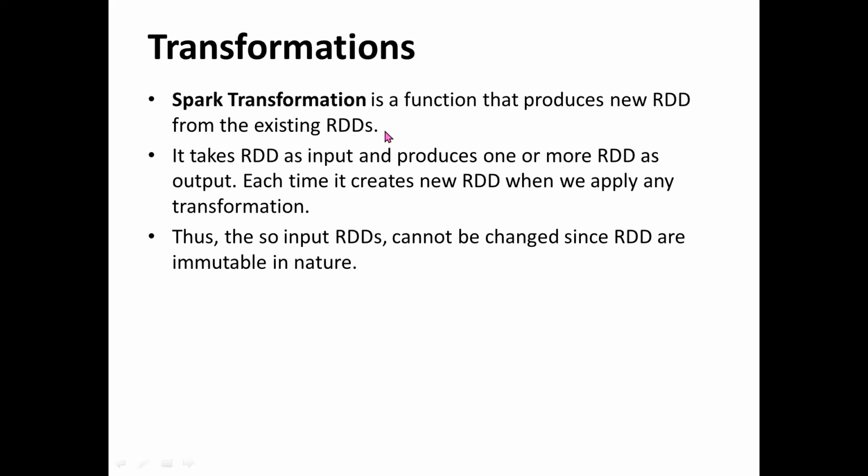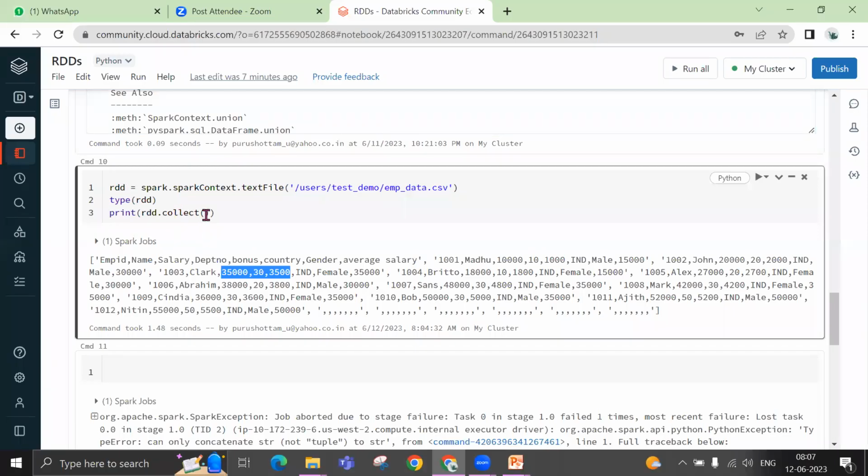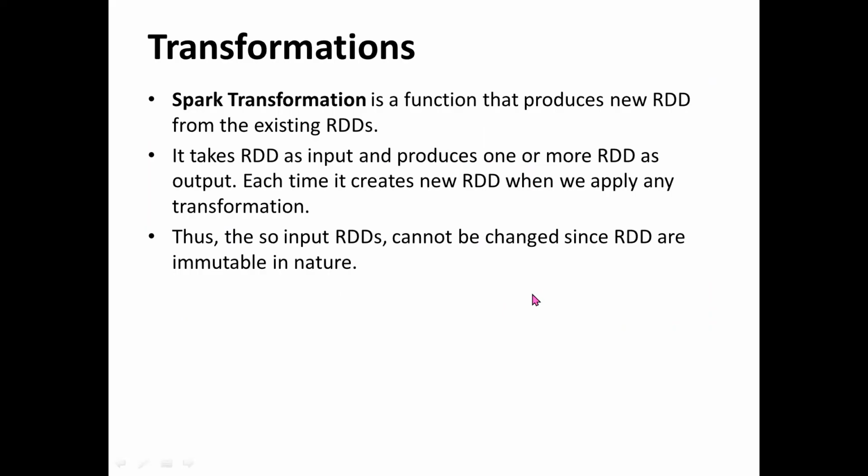Okay, so now we created an RDD. You can create another RDD out of this RDD and transform this data. It takes an RDD as input and produces one more RDD as output. Each time it creates a new RDD when we apply any transformation.